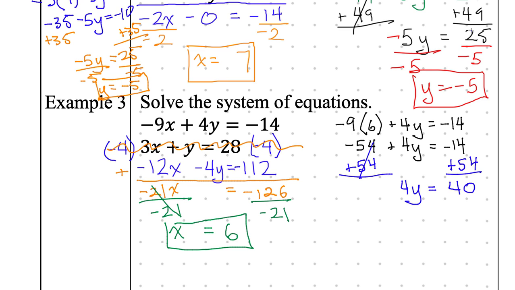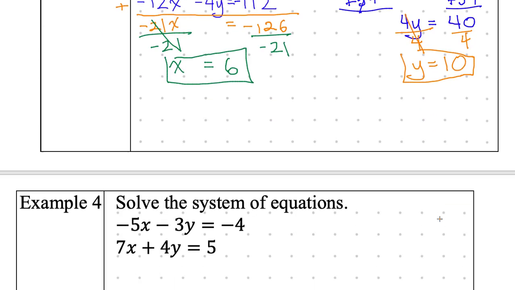Yep, that's correct. And the last step here is to divide 4 on both sides, and then you get y equals 10. It is indeed 10, yeah. Nice. And those are the answers, 6, 10.